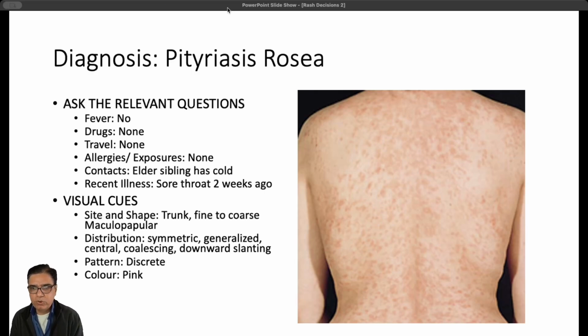Then probably we would call it a drug rash. We've seen in practice many kids who have been taking mostly antibiotics for some reason, and then in the next few days they come up in a rash, and the parents are very much concerned.